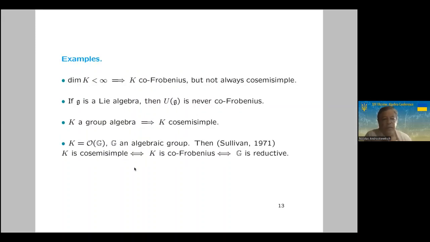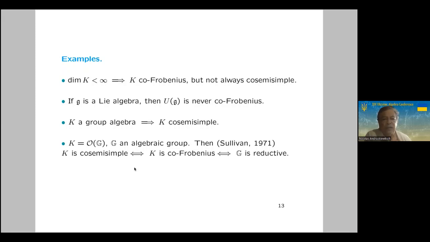Okay, some examples of cofrobenius and non-cofrobenius, and cosemi-simple and non-cosemi-simple Hopf algebras. First, if the dimension of K is finite, then K is automatically cofrobenius by an old result by Larson and Sweedler.